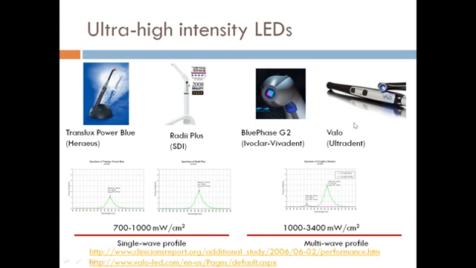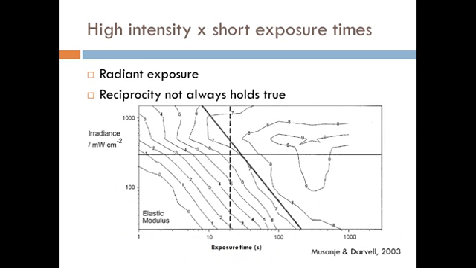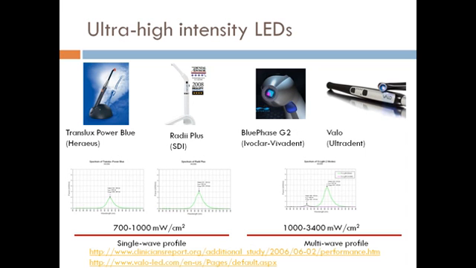Versus the Bluephase G2 from Ivoclar and the Valo from Ultradent, where you can actually see the semiconductor chips in here, blue or kind of ultraviolet, closer to ultraviolet. This is what we call a multi-wave profile. The Valo in ultra high intensity mode can get you up to 3,400 milliwatts per centimeter squared. What I was talking about with high intensity versus short exposure times is that some of these manufacturers for those lights are saying, you can look it up on their website.